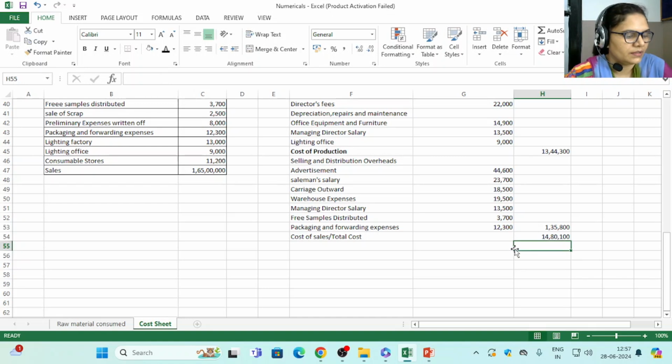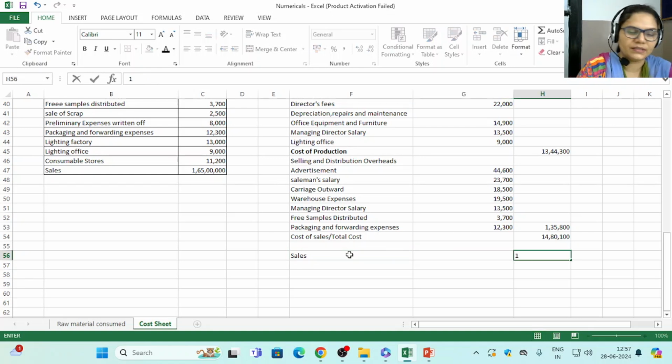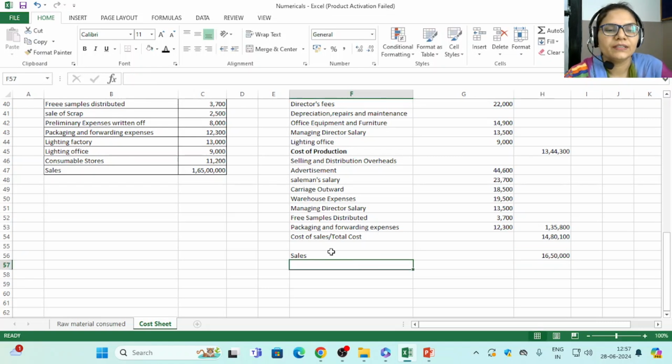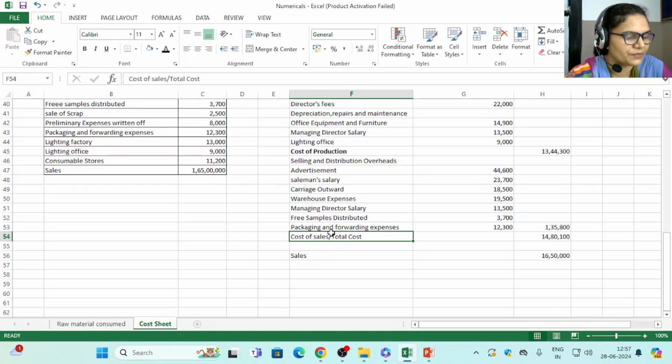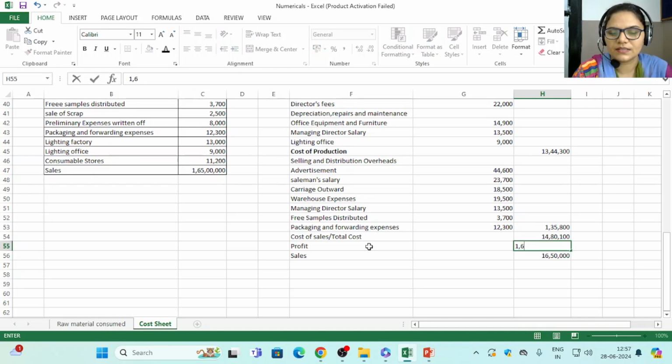Now we have been given the value of sales, rupees 16,50,000, and after deducting cost of sales from sales, we will arrive at a profit of rupees 1,69,900.